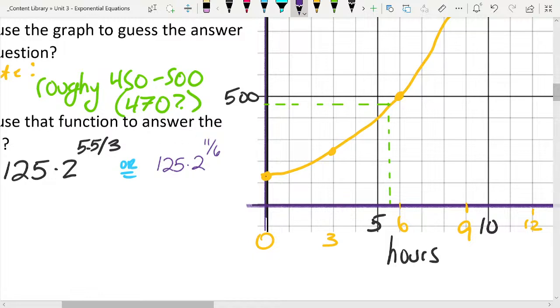Those are equivalent fractions. If we wanted to do this with power rules, we could take 2 and put it to the exponent 11, and then take not the square root, but the 6th root, and then multiply that by 125. Do we want to do that here?